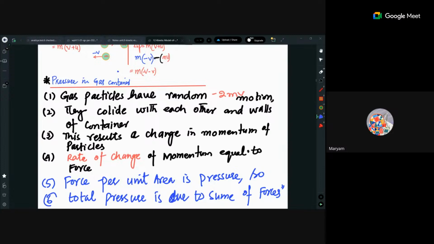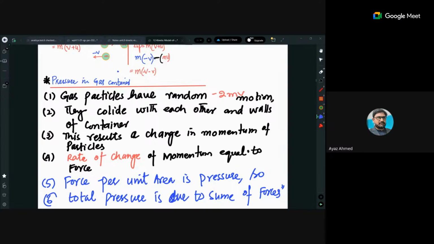Can you repeat the last point, please? Yes, the last point means this is not a single particle. There are several particles. Every single particle produces its own pressure, or contributes its own force on the container.